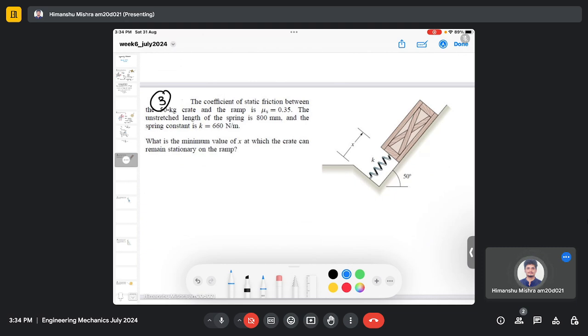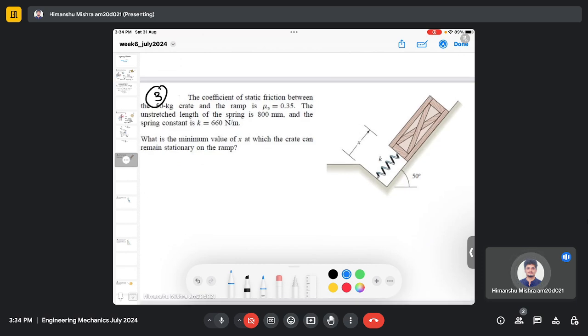Here the system is in equilibrium, because if the crate remains stationary, then the system is in equilibrium, and again we will be using the equilibrium equations. But here we need to consider the spring force, which can be given as K multiplied by displacement.